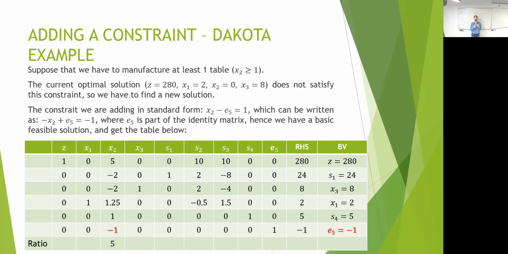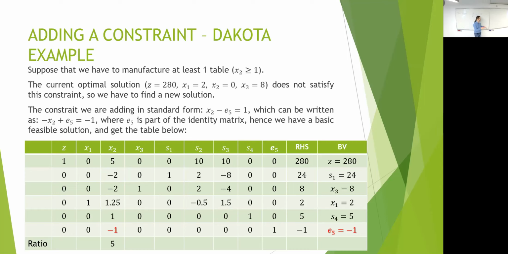We have cut down the feasible region. We have gotten it smaller, so we have to find a new solution. Now, we just add this new constraint to the optimal table. This is just adding it normally. There is nothing else to do.